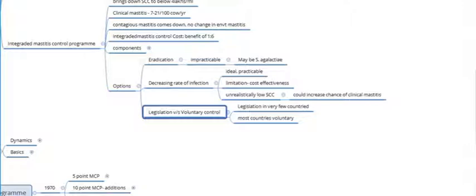Or it can be a voluntary approach, where the farmers are made aware of the importance of good quality milk and good quality production systems, and the farmers themselves take up the control measures to reduce the incidence of mastitis in their farms.